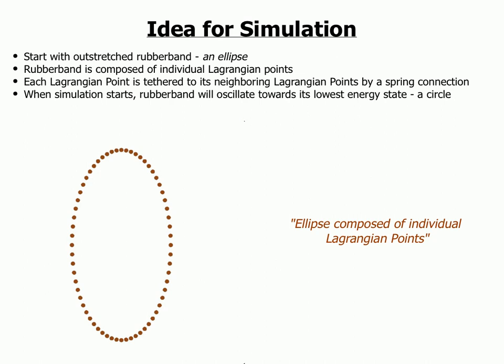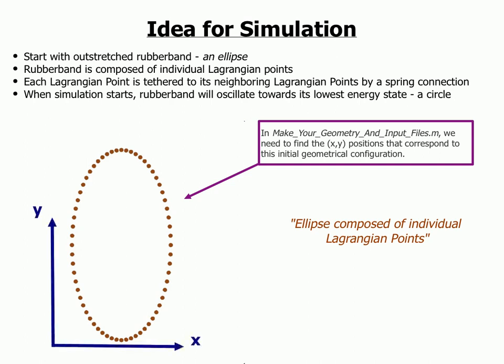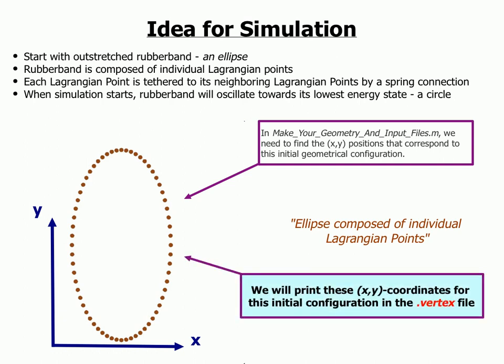Since we want our Lagrangian mesh to start off in this configuration, in the Make Your Geometry and Input File script, we're going to need to solve for the x and y positions that correspond to this elliptical configuration. Upon doing so, we're also going to be inherently defining a length scale for our simulation. These x and y coordinates are what we're actually going to print in the dot vertex input file.